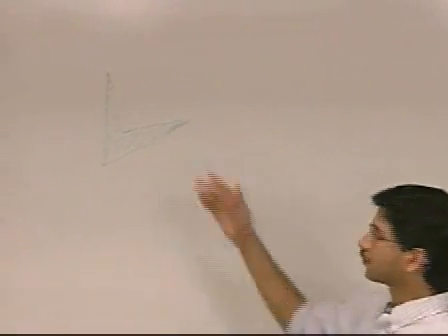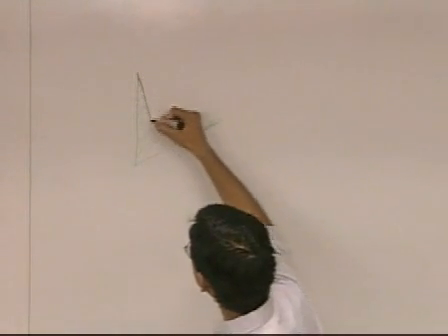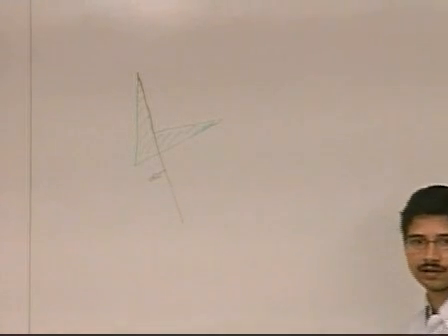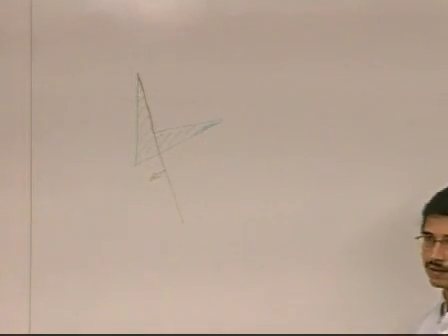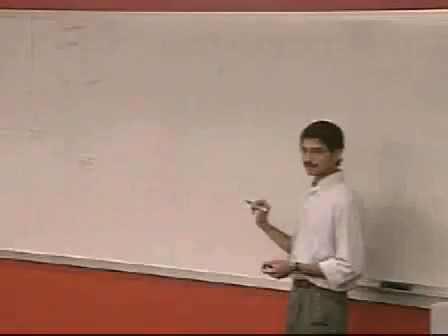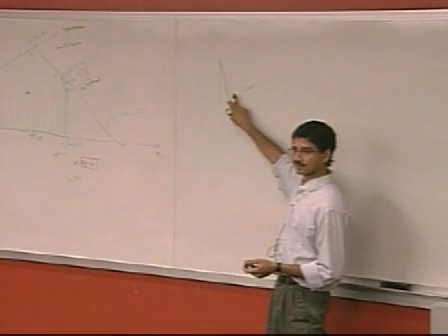So for this to be the feasible region, you must have a line that looks like this. Okay. Agreed? Therefore, this cannot be in there.